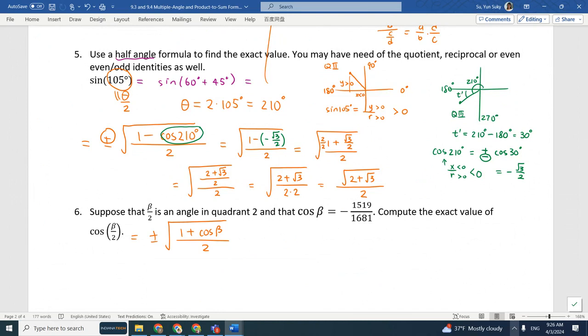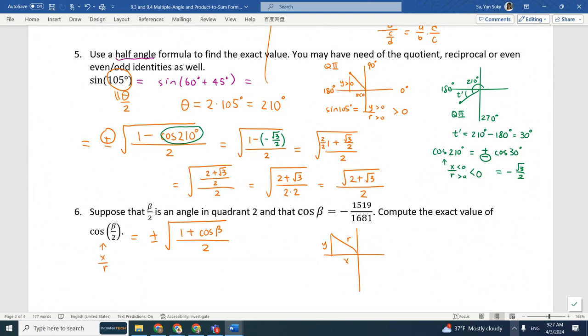And plus or minus, we need to draw a picture. Beta over 2 is in quadrant 2. So like here, right? And we have x, y, r. Okay, what is cosine in terms of x, y, r? X over r.